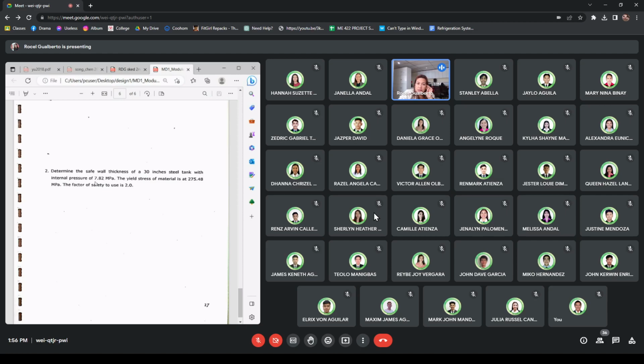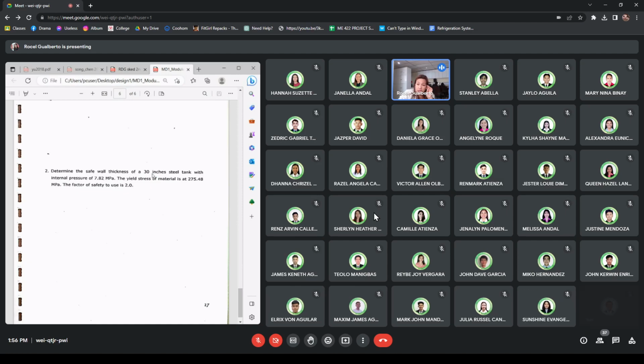So you are given here the pressure in megapascal, so as sigma y, the yield stress. Now, you solve this sample 2 po in unit na SI. So you need to convert this 30 inches into millimeter. Okay? Your final answer, the thickness to be used should be in millimeter. So you have to convert this po and then everything else naman po is in SI.